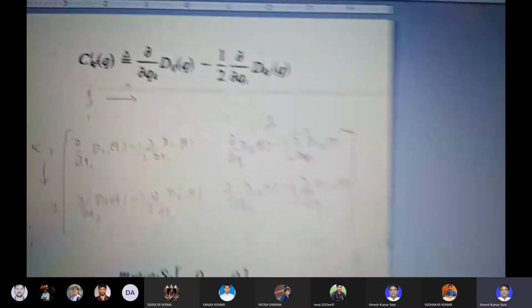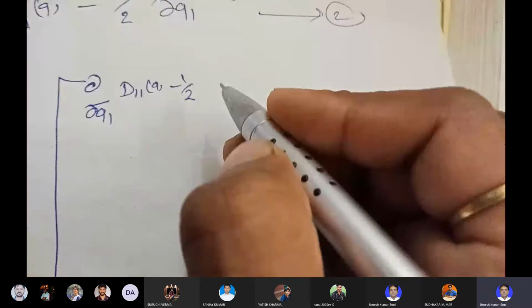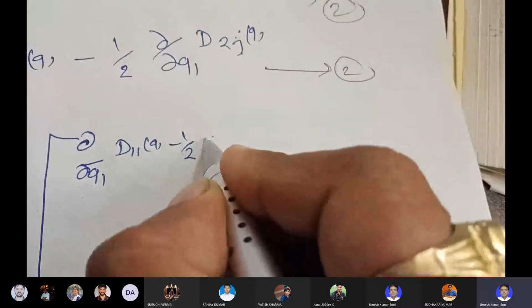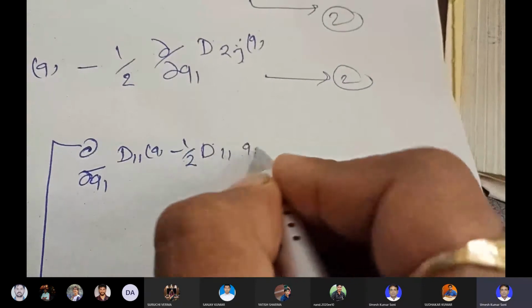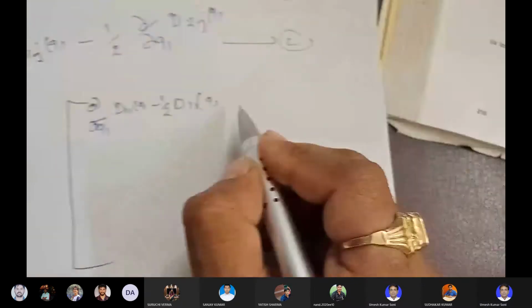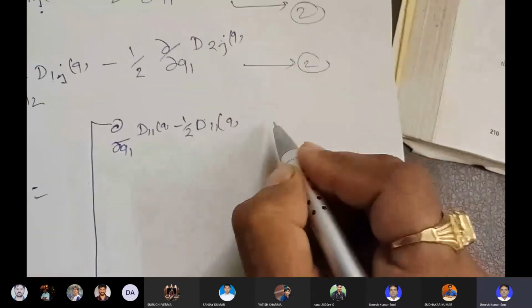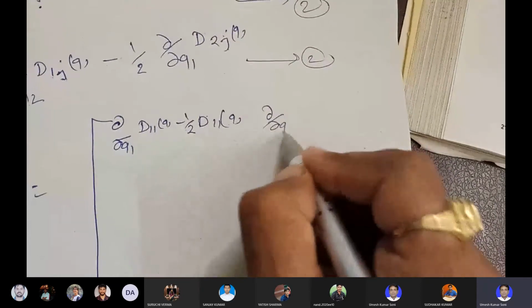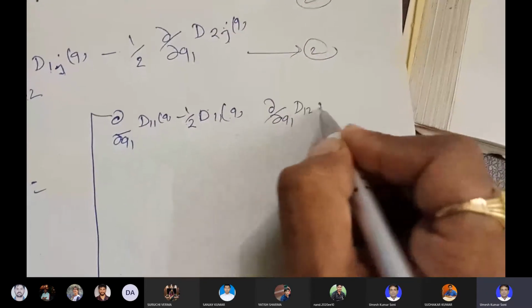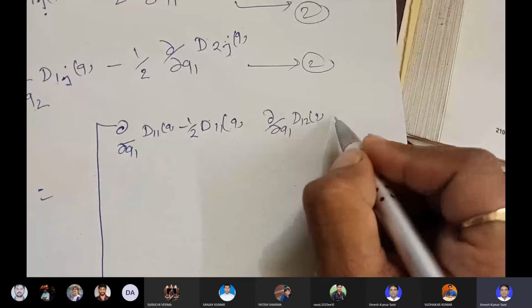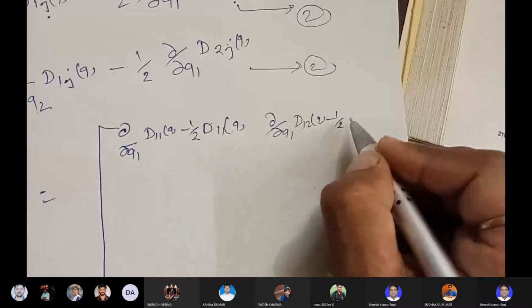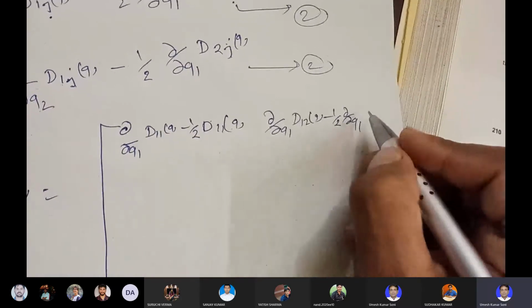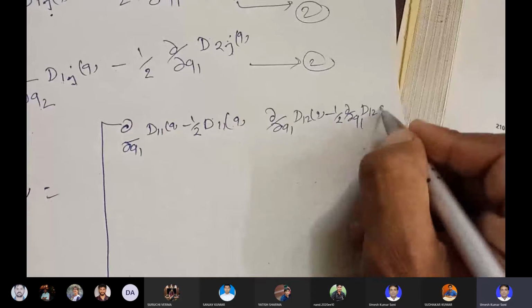So what you will get here is d11 cube, and del upon del q1 d12 cube minus 1 upon 2 del q1 d12 cube.